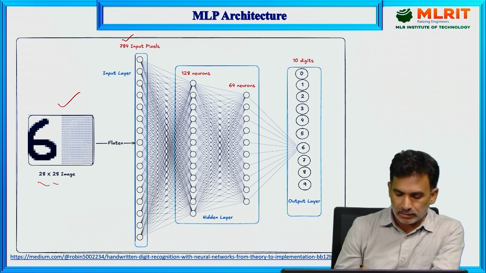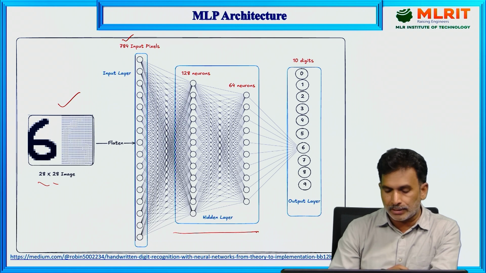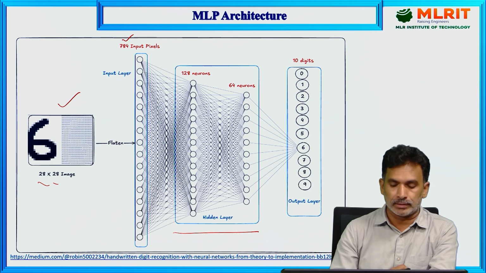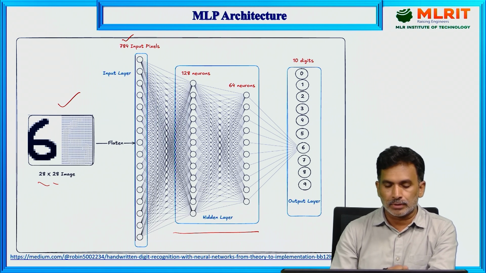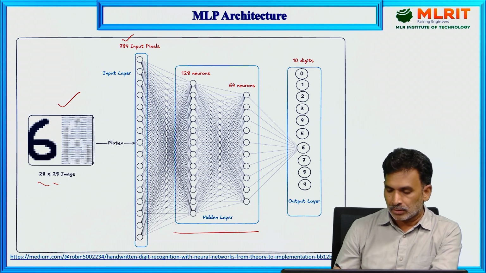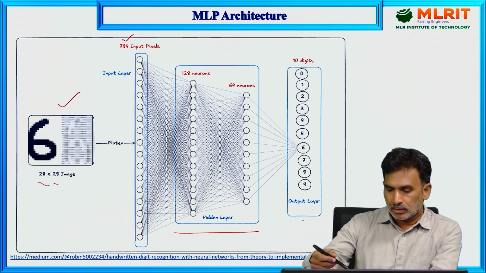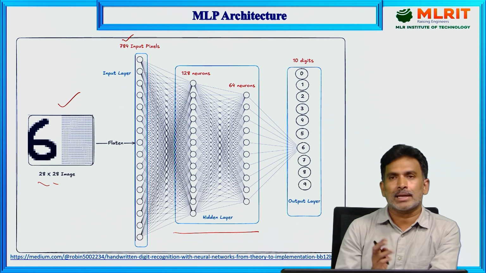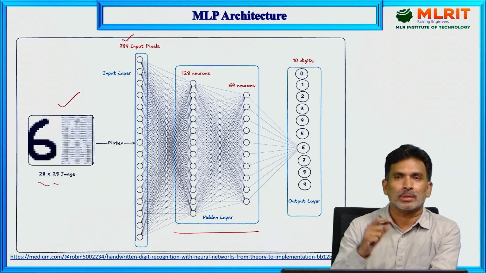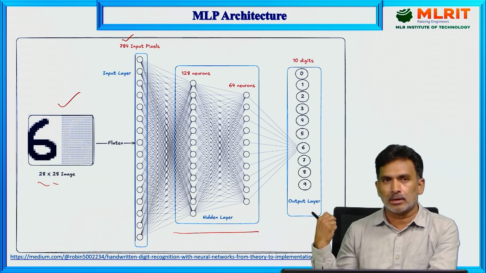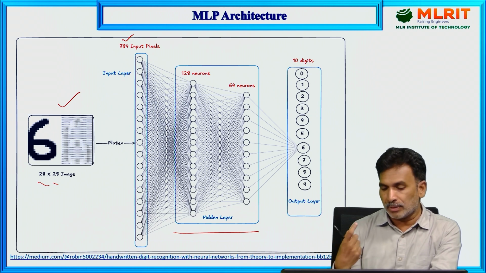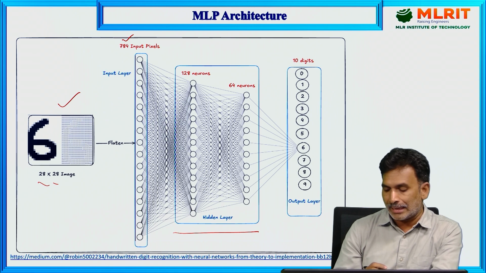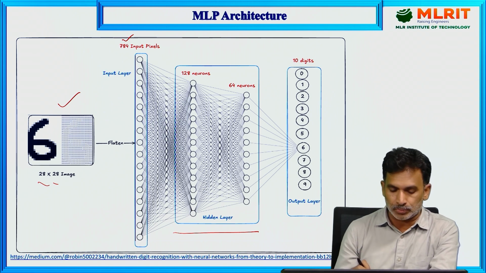There are two hidden layers: one with 128 neurons and another with 64 neurons. The output layer has 10 neurons, because we have to classify whether the given digit is 0, 1, 2, 3, anything between 0 and 9.